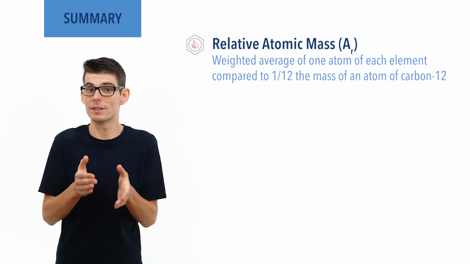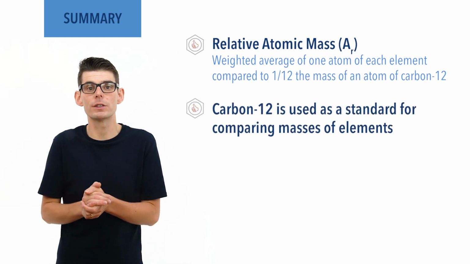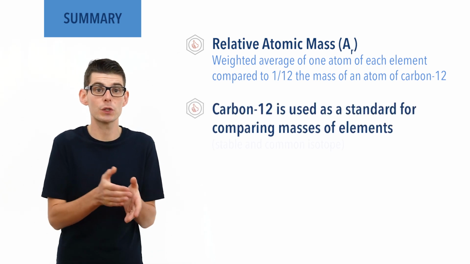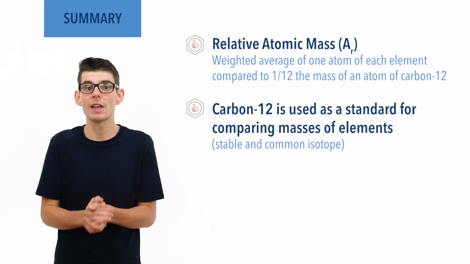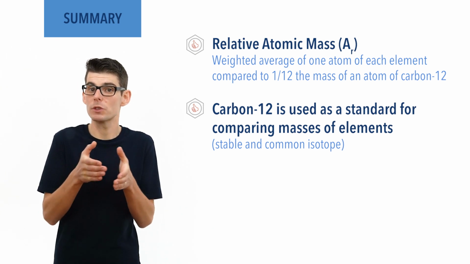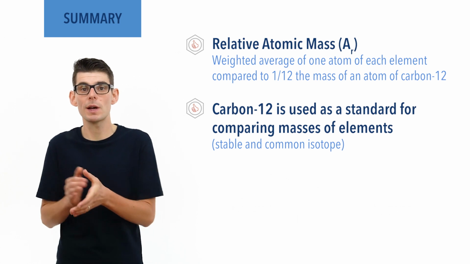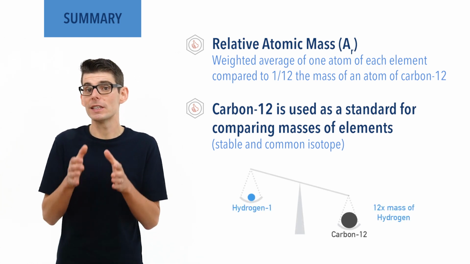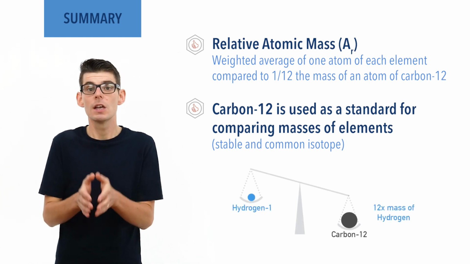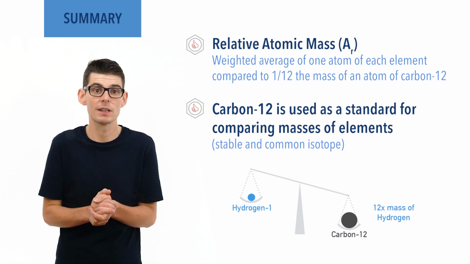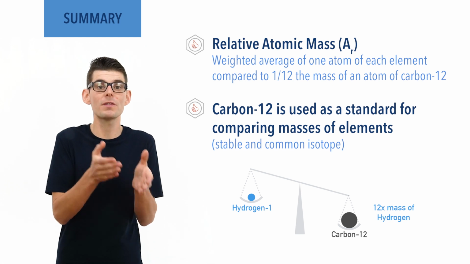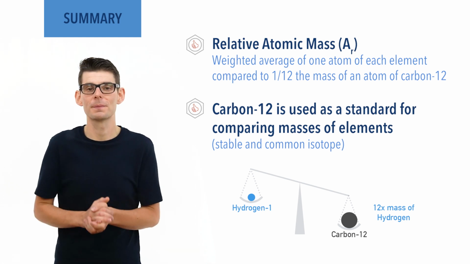Carbon-12 is chosen as the standard as it's a stable isotope that is easy to obtain and store. The smallest possible atom from the element hydrogen has a mass that is 12 times smaller than an atom of carbon-12. This means the atomic masses of all elements can be considered as being relative to this smallest possible mass, which is actually 1/12 of the mass of an atom of carbon-12.